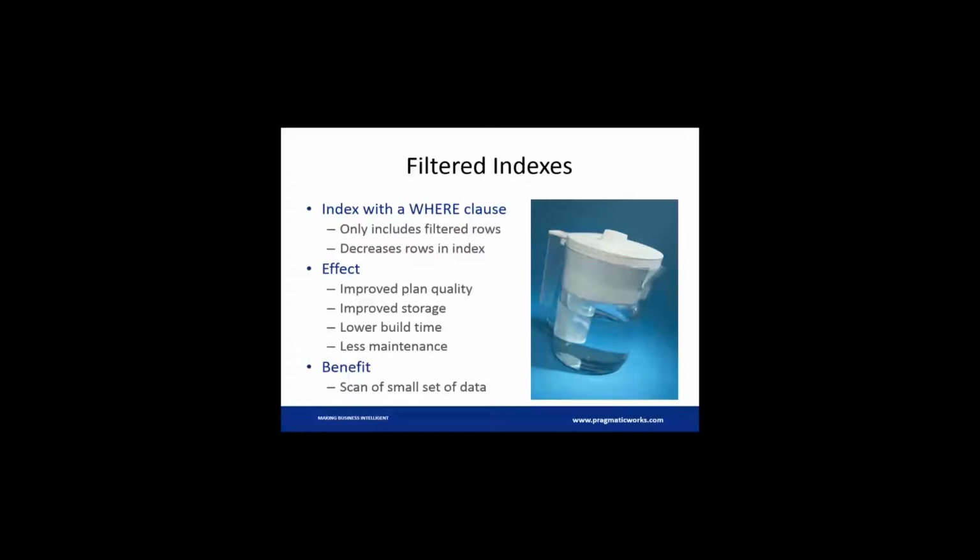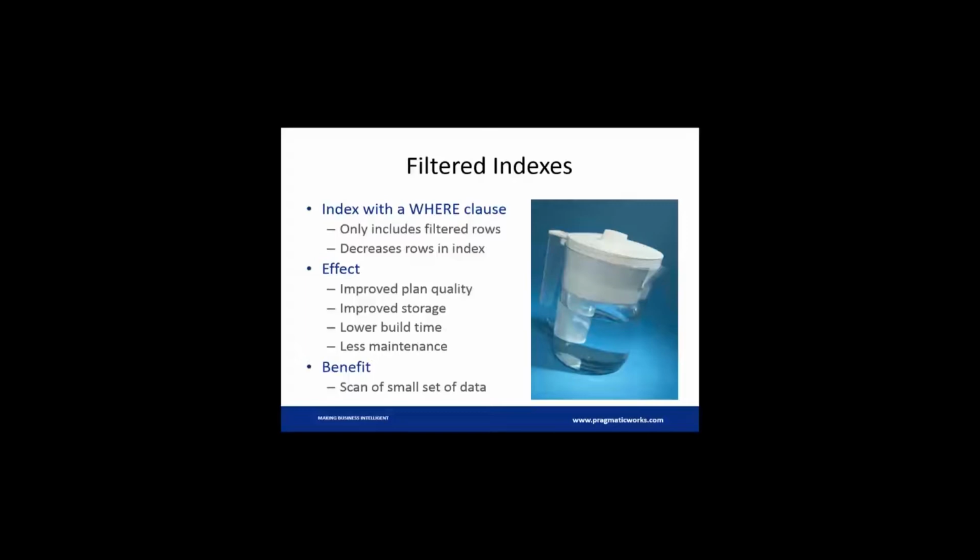And what a filtered index is, you take an index and you just throw a where clause at the end of it. And what this is going to do is the index will only include your filtered rows, and so you're decreasing the number of rows in your index. Well, this is going to have an effect on your plans in a few ways.